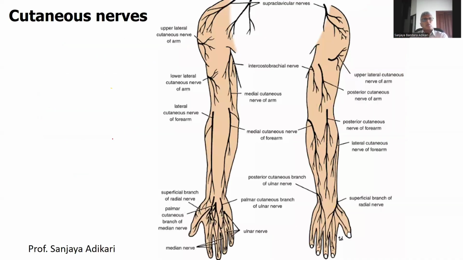Then a few things about cutaneous nerves, not all cutaneous nerves, the important ones. So I already mentioned the upper lateral cutaneous nerve of the arm. This is the cutaneous, or sensory, component of the axillary nerve. We talked about the axillary nerve a lot today, in several places, and it's difficult to draw here.